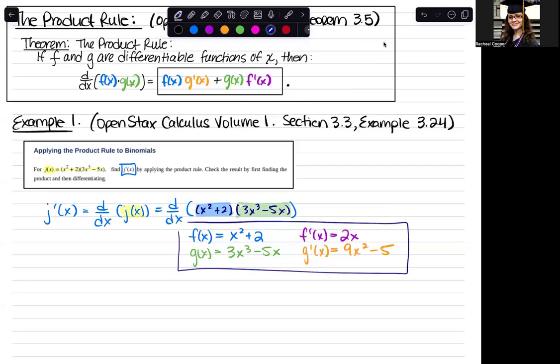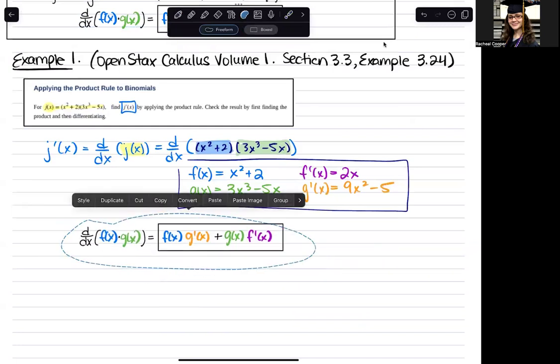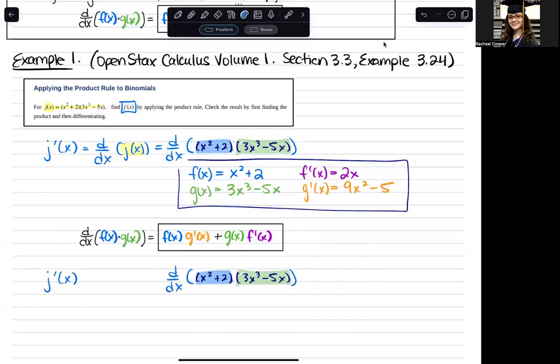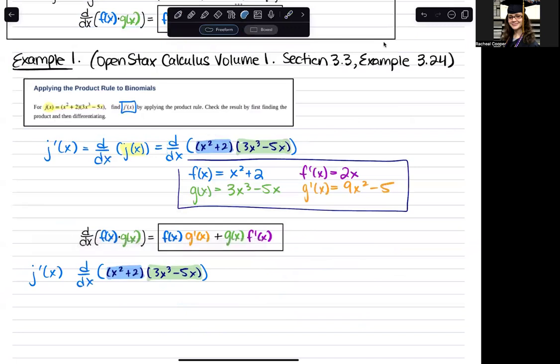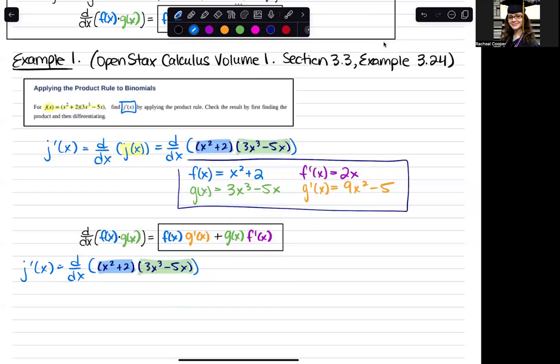Now we have all the pieces we need to apply our product rule formula. And when you're doing these examples, I highly recommend that you write down the product rule as you are applying it. So we are finding j prime by applying this product rule. And it's right there to help us out if we rewrite it. Or in my case, I'm doing this in 10 minutes or less, so I am going to copy and paste. I need the function f, which is right here, and I need to multiply that by the function g prime.